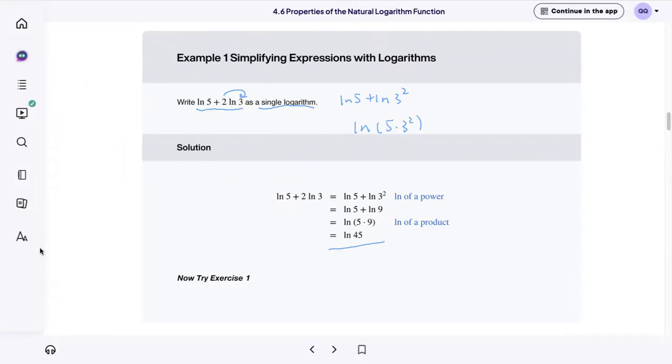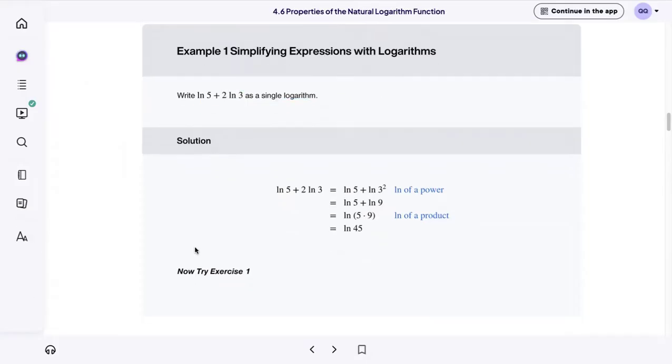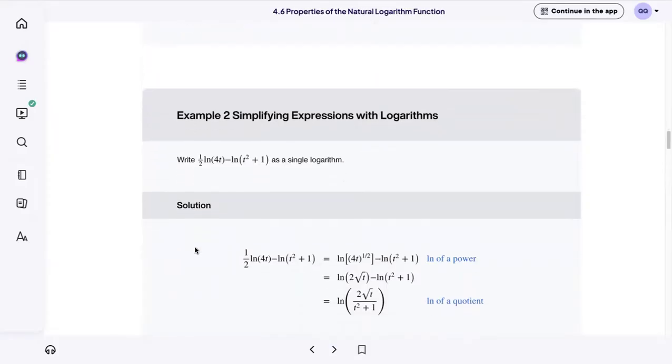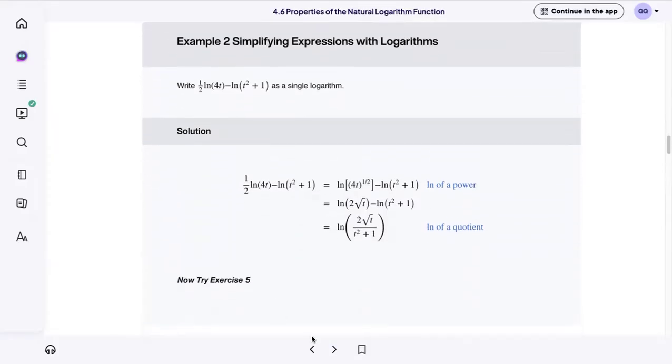Let's see this one. We have a half of ln of 4t. Remember, the half means we can pull it up as an exponent. Something raised to the half means a square root, right?